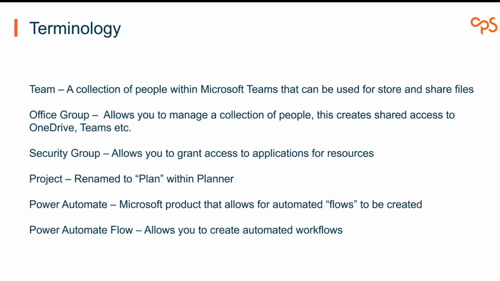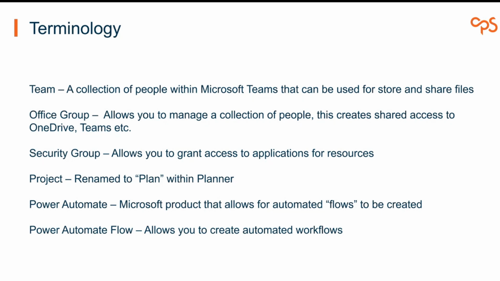There are essentially 2 groups, an Office group and a security group. An Office group works with Office 365, so Microsoft Teams in this particular instance. So if you have an all-company team, that will have an all-company group assigned to it in the back.